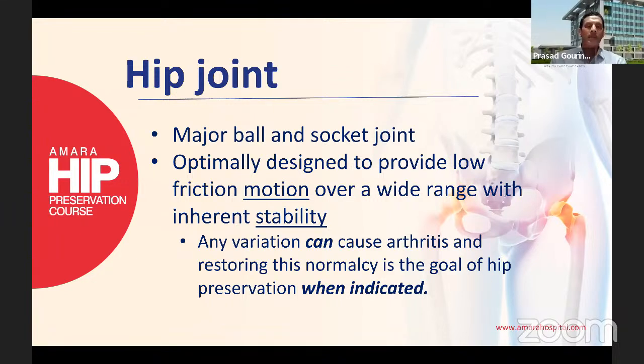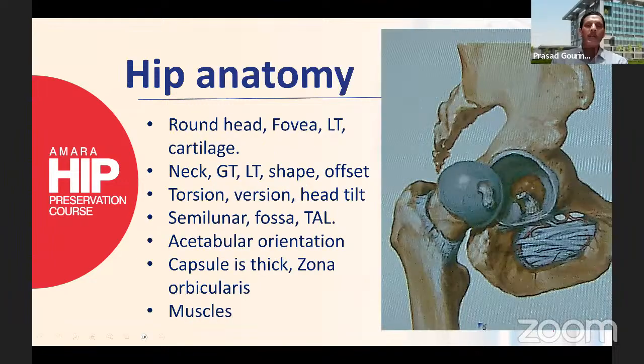Then you have the neck. The neck is there to put an offset, keeping the lesser trochanter and greater trochanter away from the pelvis. And the trochanter, along with the neck, will give the abductor lever arm for abductor function. GT and LT can become more prominent or less prominent.